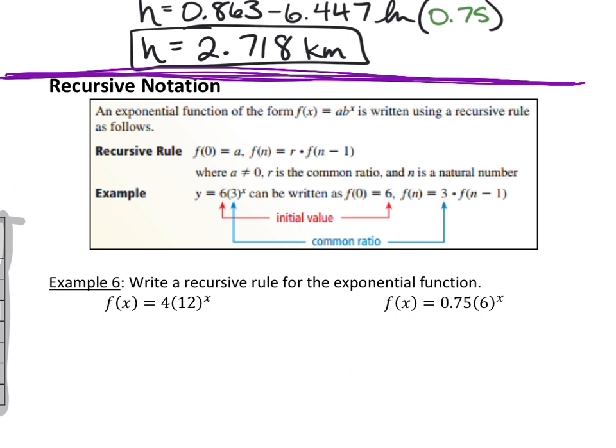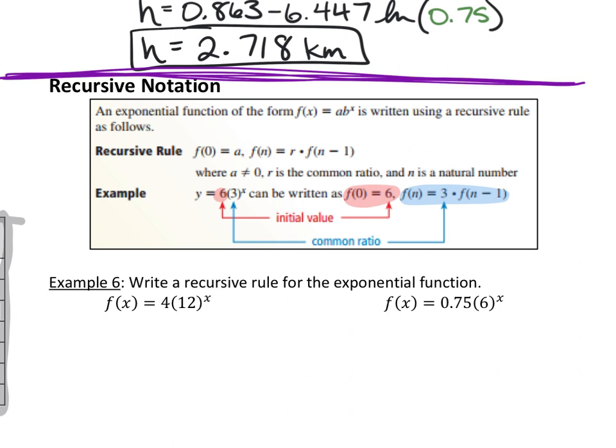The way that this works is you start with the initial value, which is really just the number in the very front of the equation. And you tell the person reading your paper that it's the initial value because you have the 0 inside the f of x. The next part of this is the pattern. You say the next number, that's what n stands for, f of the next number is going to be equal to the multiplier, or the number in the parentheses, times the function of the one before it.